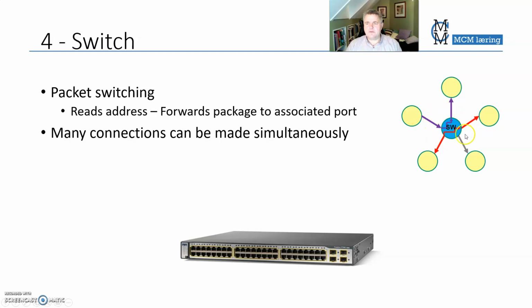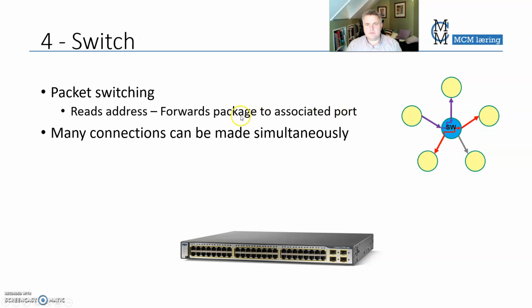A switch is also a centerpiece of a star topology, but it's able to make connections based on the local addressing. So if this device wants to send to this one, it will make a connection for these two only. And it can simultaneously make a connection for these two devices here.